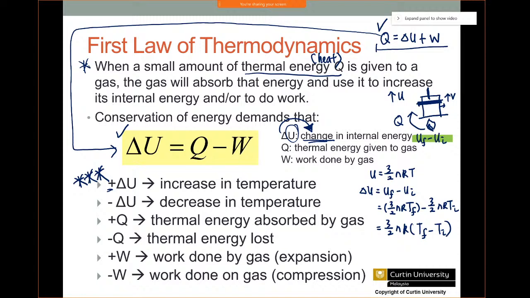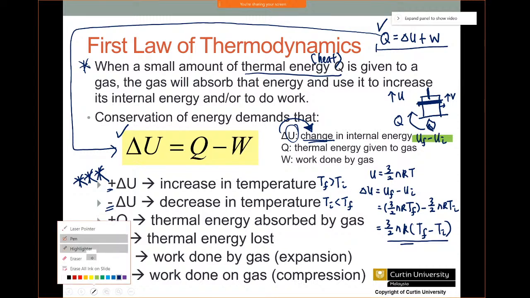So if you get a positive value for this, it means your final temperature is higher than the initial temperature. Likewise, if you get a negative value for change in internal energy, it means your final temperature is lower than your initial temperature.